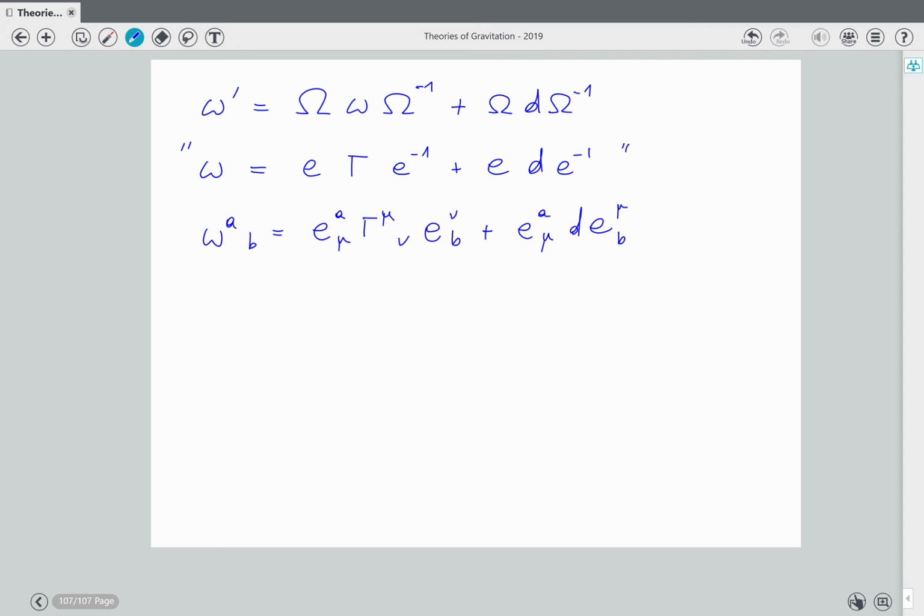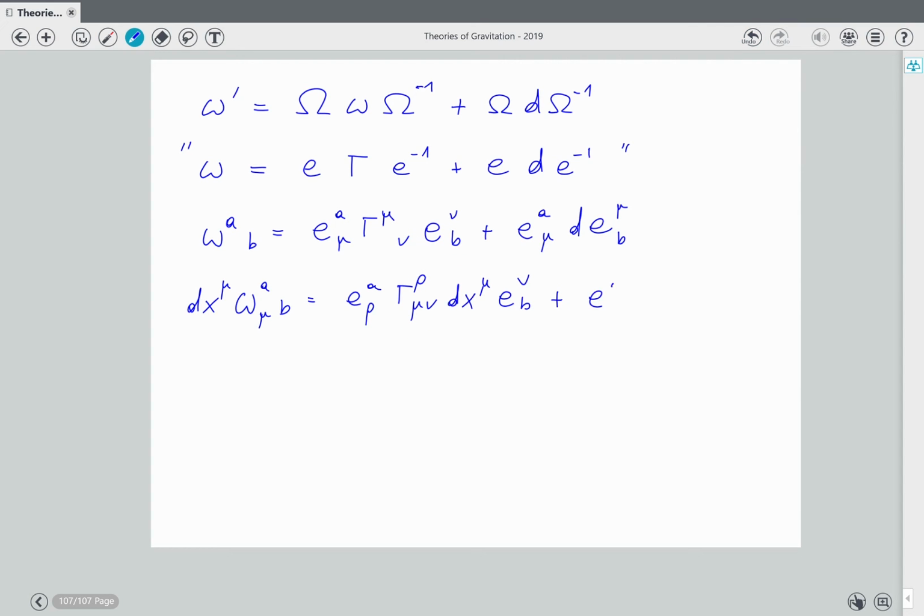This is a relation between one forms. So if you want to make it more explicit, let's write the differentials E, A. Okay, let me change the index to rho here. Because remember, this form is something like that.